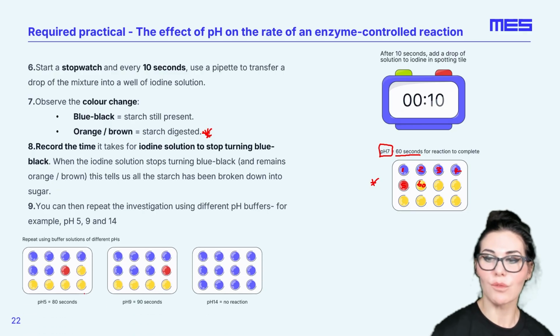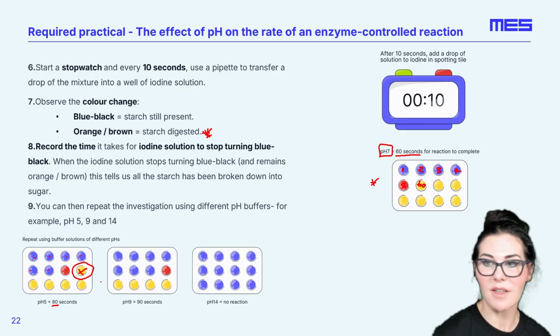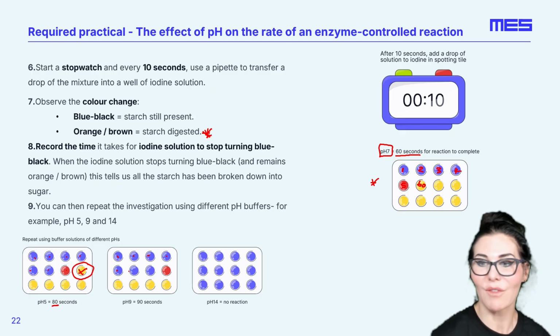Let's have a look at what results might look like. So at pH 5, it took 80 seconds for the starch to no longer be present. So 10, 20, 30, 40, 50, 60, 70, 80. This was the point where we have seen a reaction taking place. At pH 9, it took 90 seconds. 10, 20, 30, 40, 50, 60, 70, 80, 90.